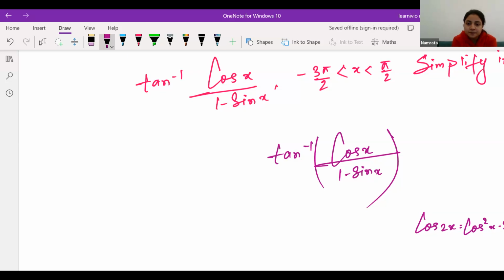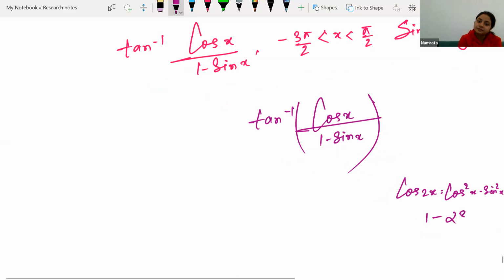The cos 2x formula which was there in class 11. Ma'am, 1 minus 2 sin square x. Perfect. And 2 cos square x minus 1, right? Yes, ma'am. Okay, these are the three formulas which can be used for cos 2x.